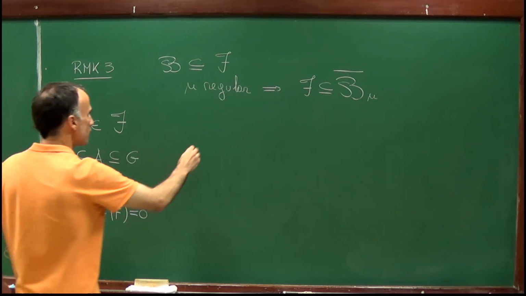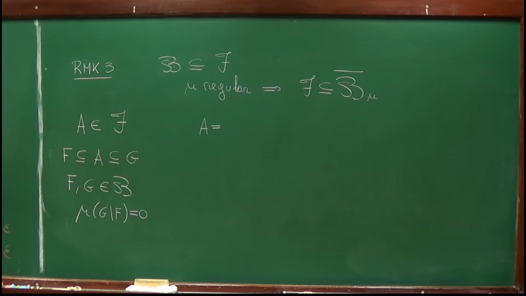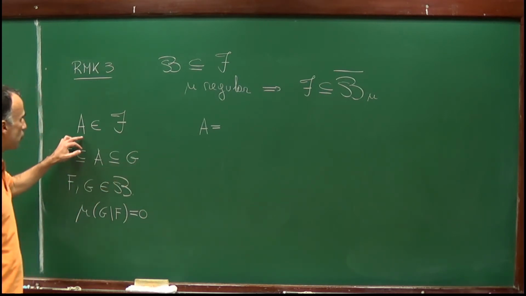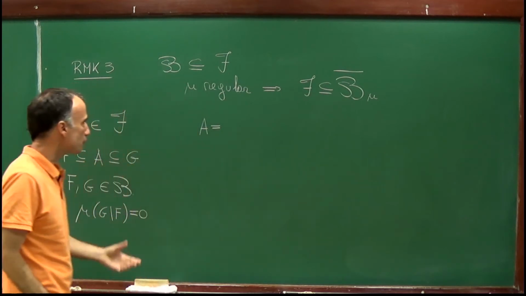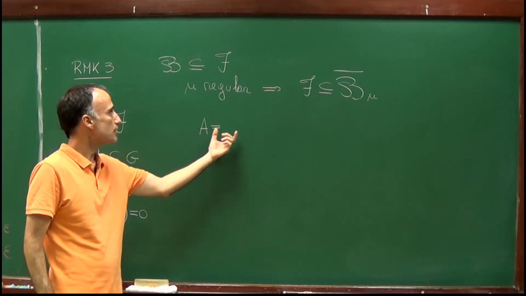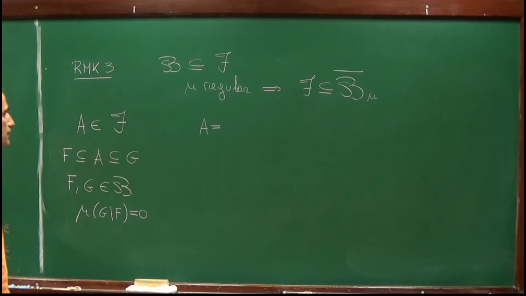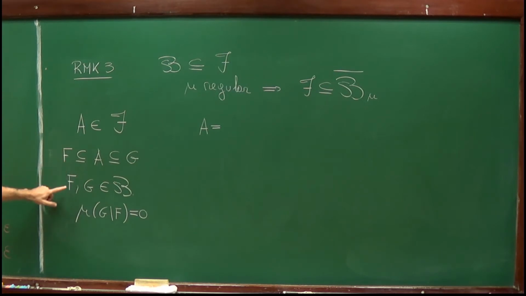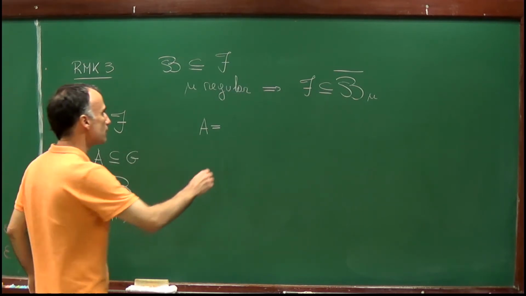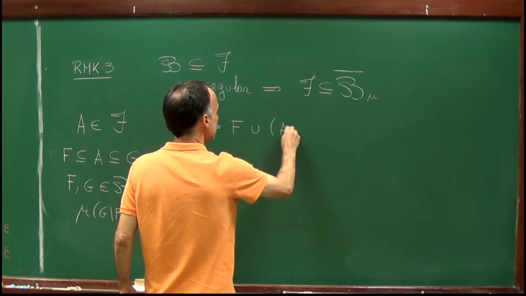Therefore, our goal is to show that A belongs to the completion of B. So we have to write A as an element of B and a negligible set. But this is now very easy, because A contains F, which belongs to B. So I can write A as F union A minus F.